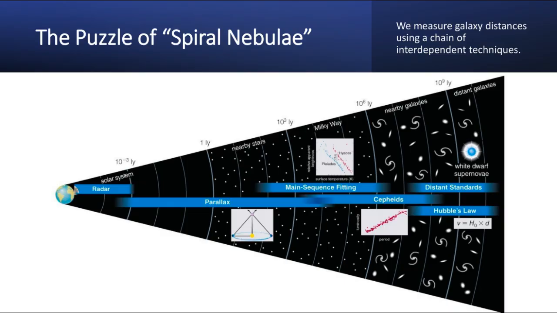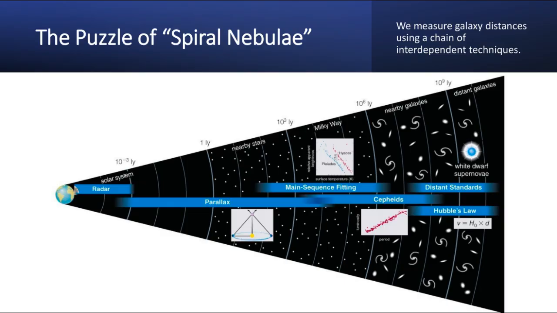And so the cosmic distance ladder is this: each of these distance measurements are separate, but if you can stick them all together, you can get distances out to almost everything that you could imagine in space. So we can use radar within our own solar system. Within the Milky Way galaxy, we can use parallax.